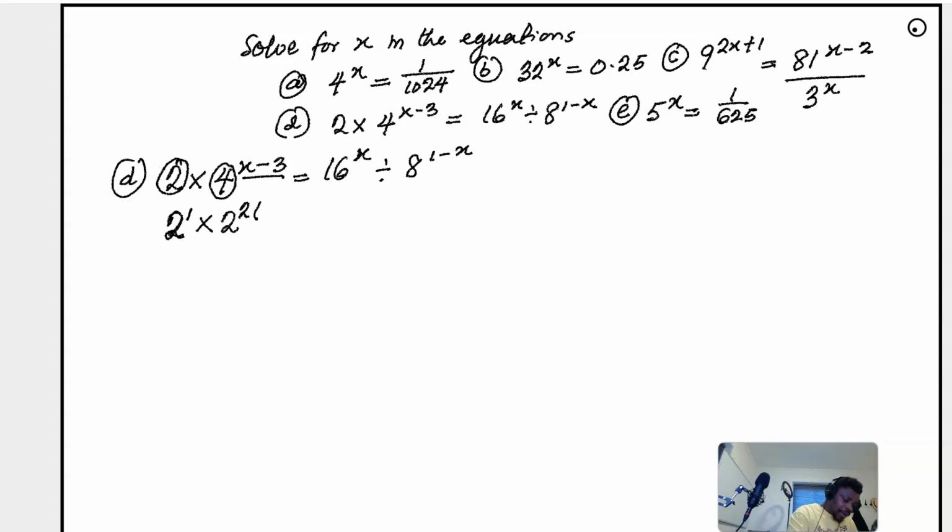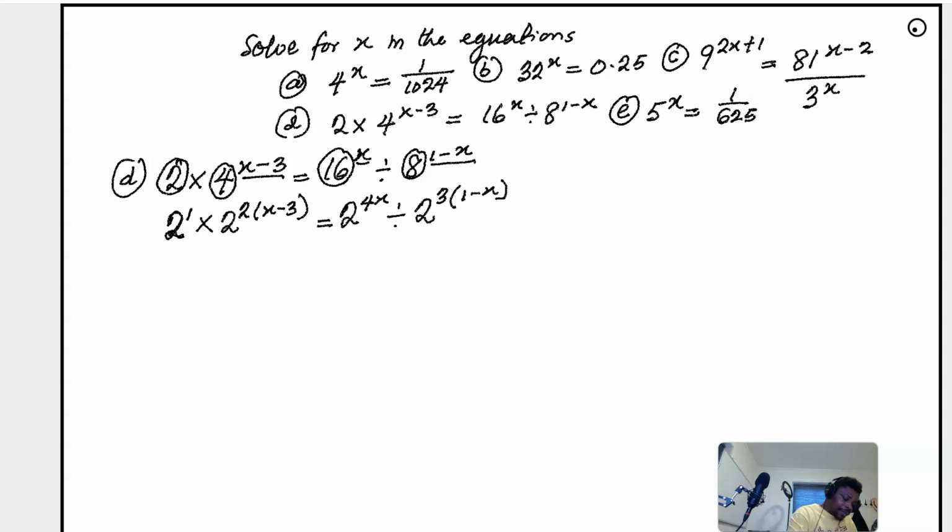So you have (x - 3). 16 in its simplest form is 2 raised to 4, so you have x here. 8 in its simplest form is 2 raised to 3, and the power here is 1 minus x.